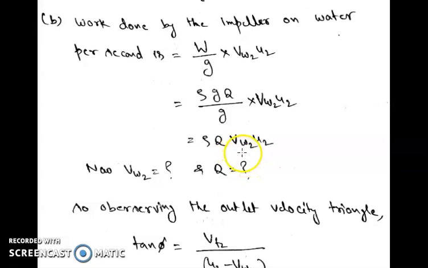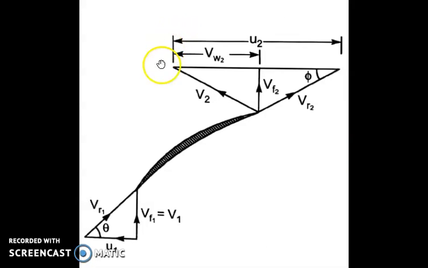To calculate the value of VW2, we have to observe the velocity triangle at outlet. So let's observe it. This is the velocity triangle at outlet.